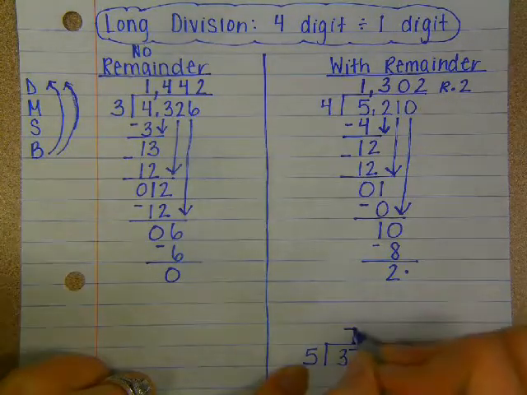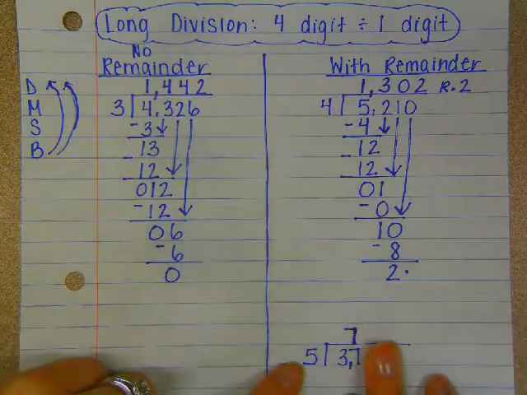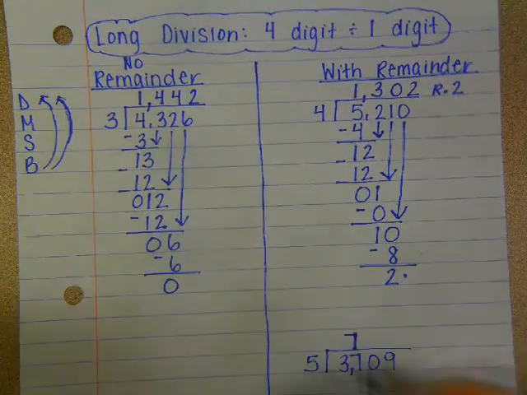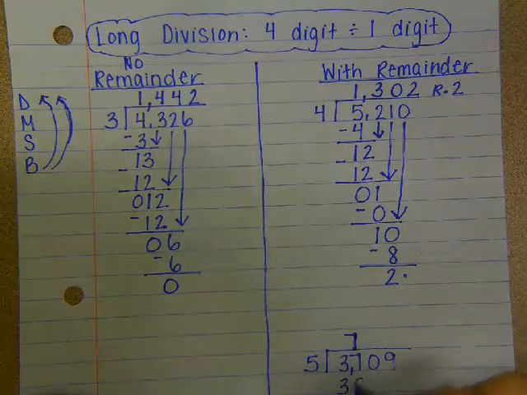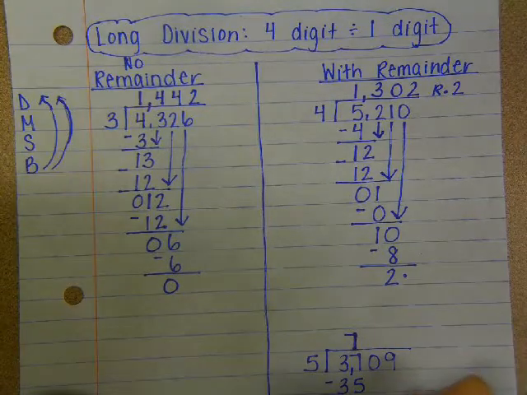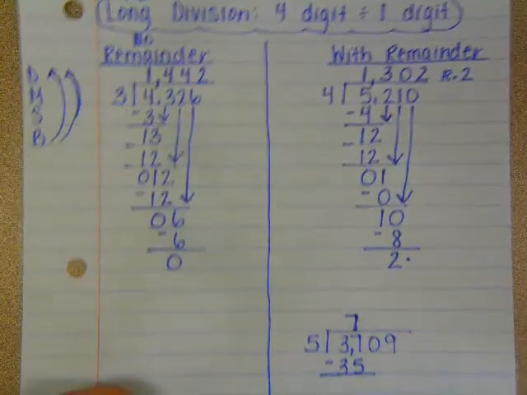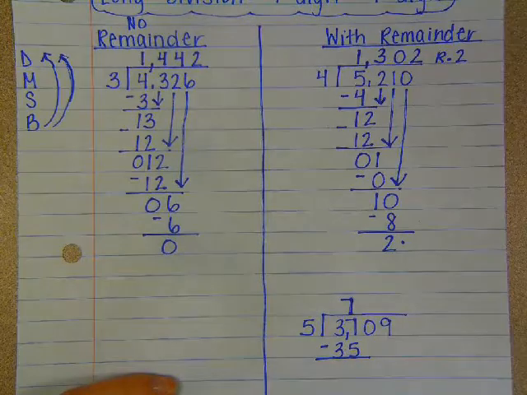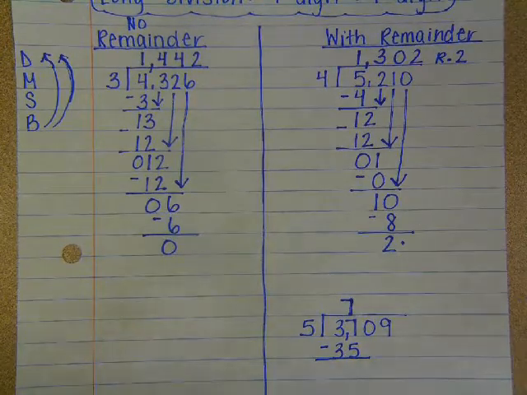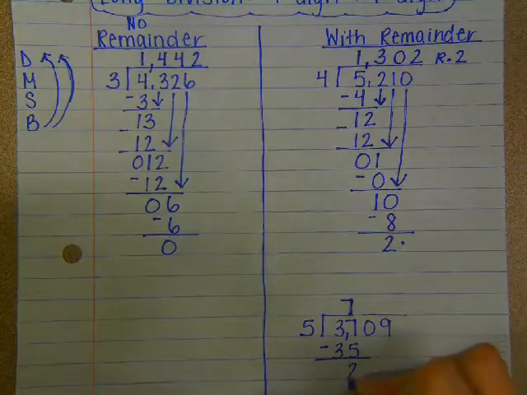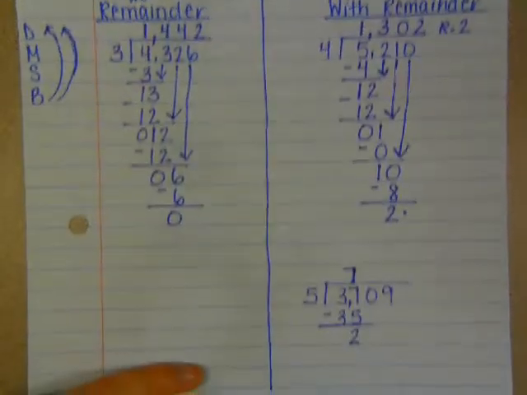Now I just do the same steps. So I do 5 times 7, which is 35. And then I need to subtract 37 minus 35. When I do that, 7 minus 5 is 2, and 3 minus 3 is 0.